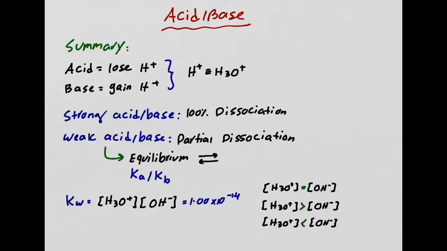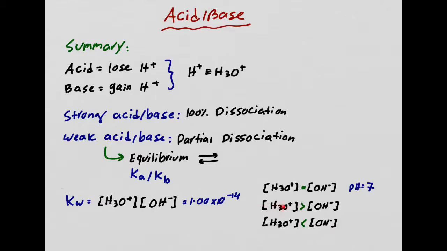Okay, beautiful. And then we said, based on this, if you have pure water, the hydronium concentration is going to equal the OH minus concentration. And if that's the case, that means our pH is neutral, right? And we talked about the pH. That means pH is going to equal 7. That means we have a neutral solution.